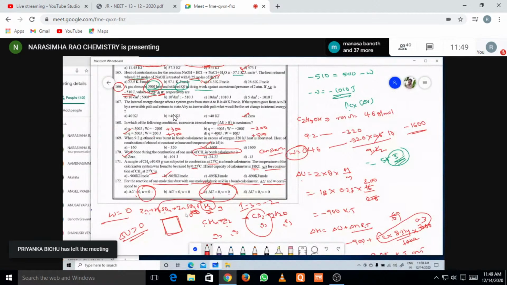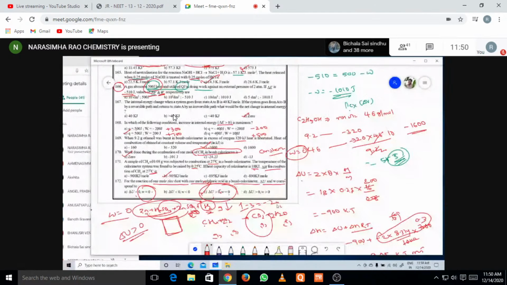Solid converting to aqueous means higher energy, potential energy is high. Exothermic reaction means heat will be evolved, and internal energy will be lower.